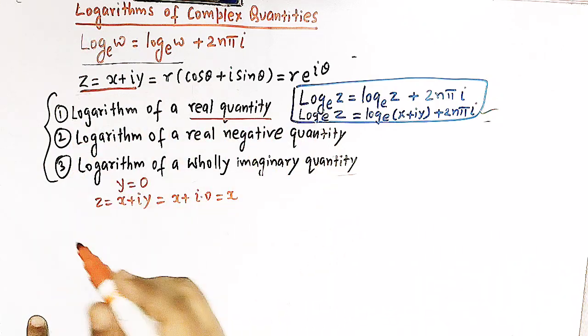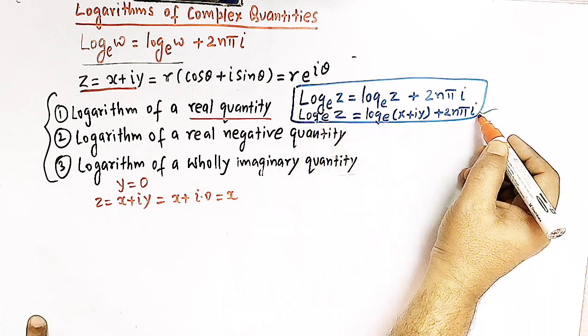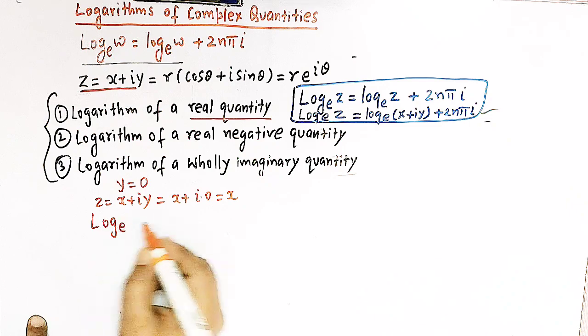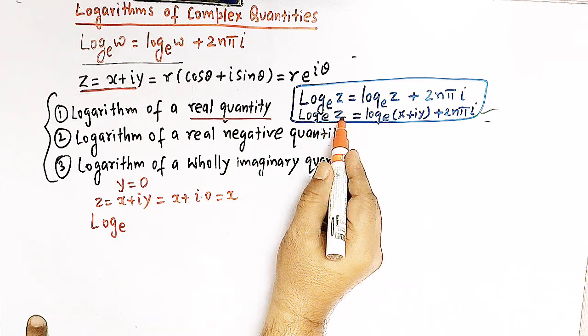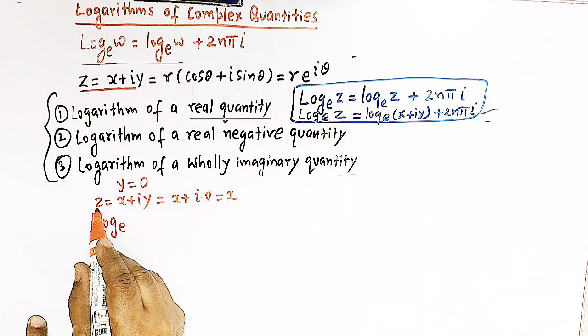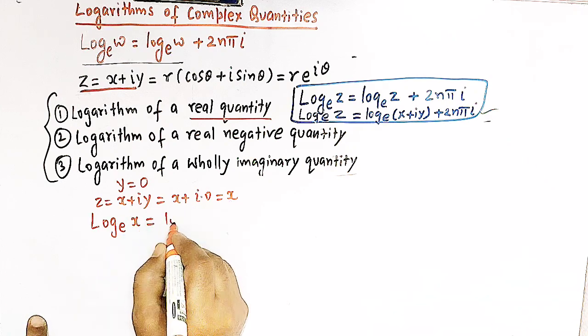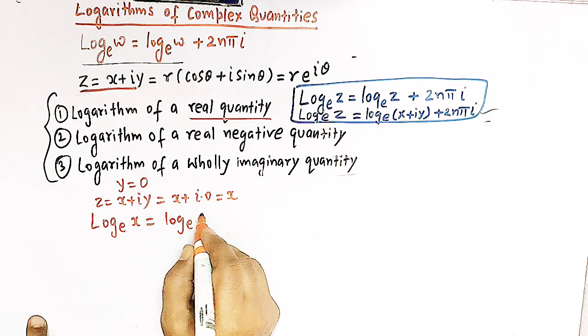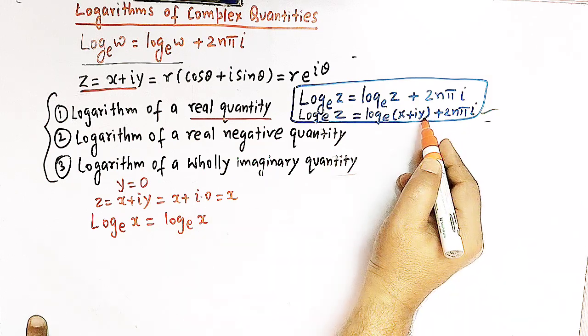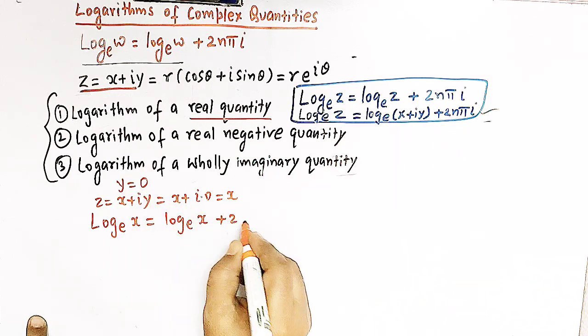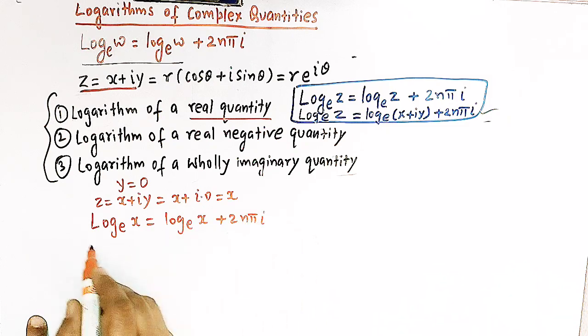So let us find out the logarithm of a real quantity. Here the imaginary part is 0. So using this result, we have the general value of the logarithm of z, and in this case z is equal to x, and here we have log of simply x, because y is 0, and then we have 2n pi I, right?